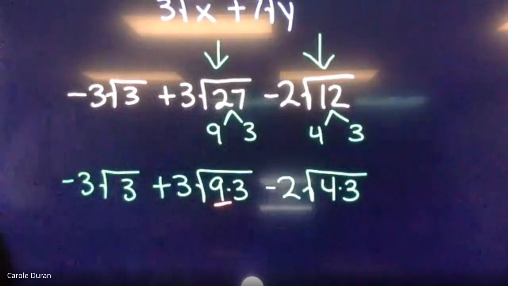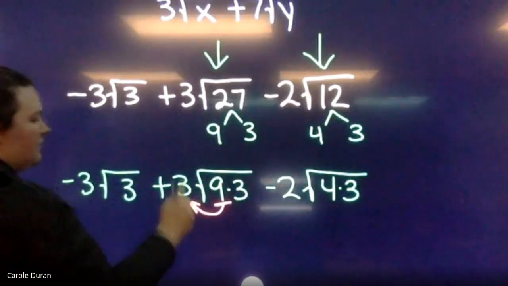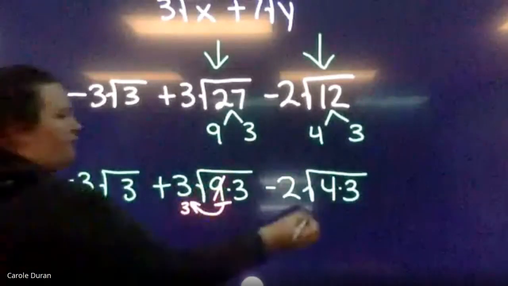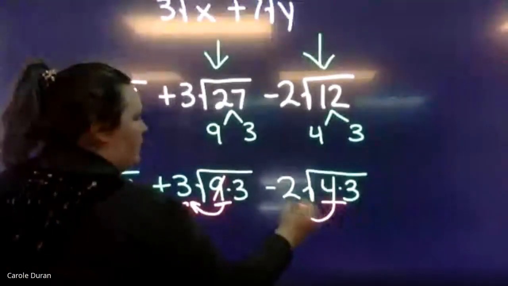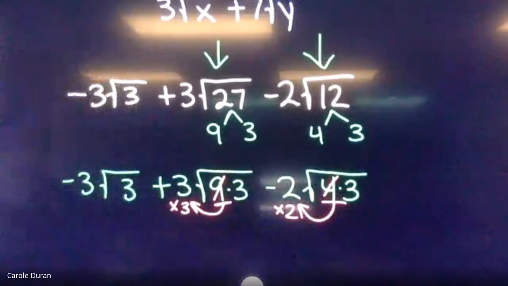So 9 is a perfect square, and I know that its square root is 3. So that means I'm going to multiply a 3 out here with the 3 that's already there. 4 is a perfect square, its square root is 2. So I'm going to multiply a 2 out there in front.